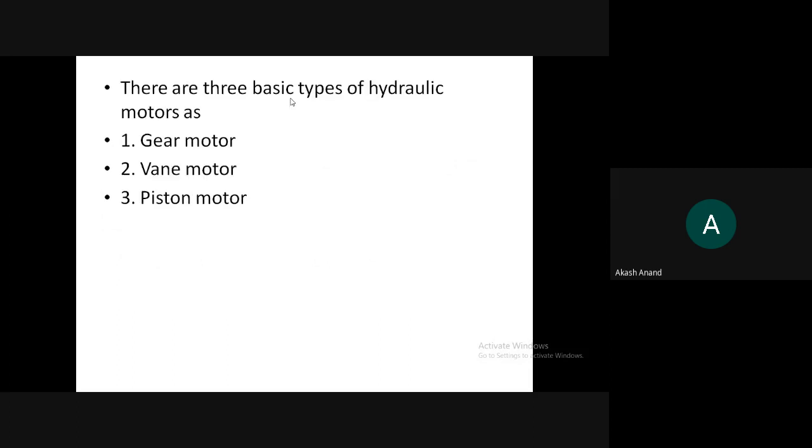Coming to the types of hydraulic motors, there are three basic types: gear motor, vane motor, and piston motor. Gear motor and vane motor, you are already familiar with from your fluid mechanics subject.